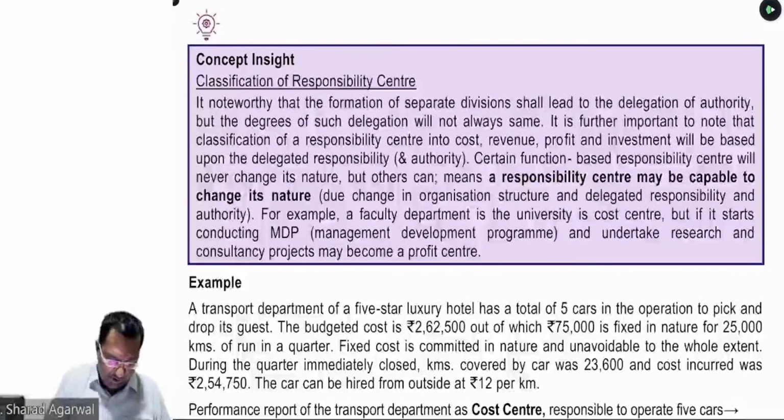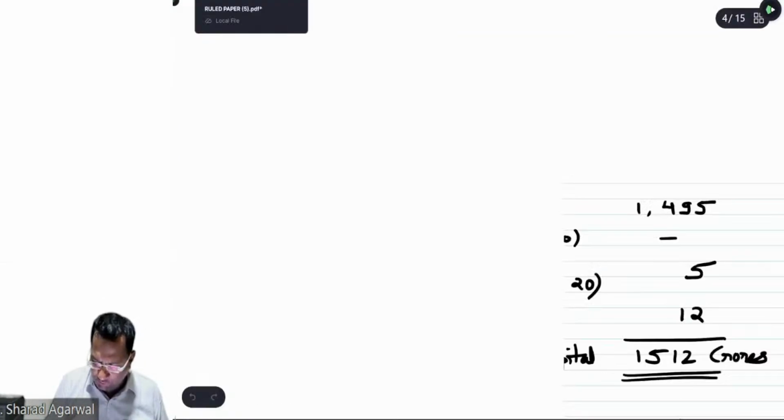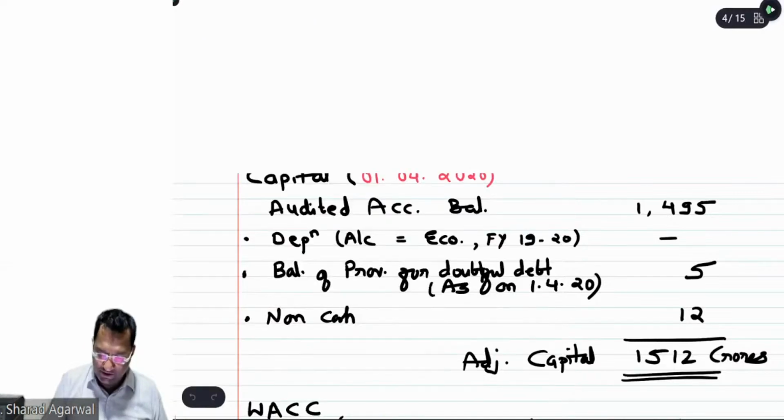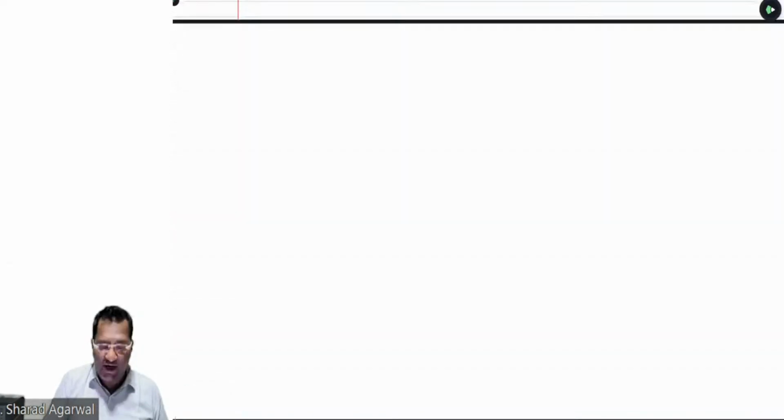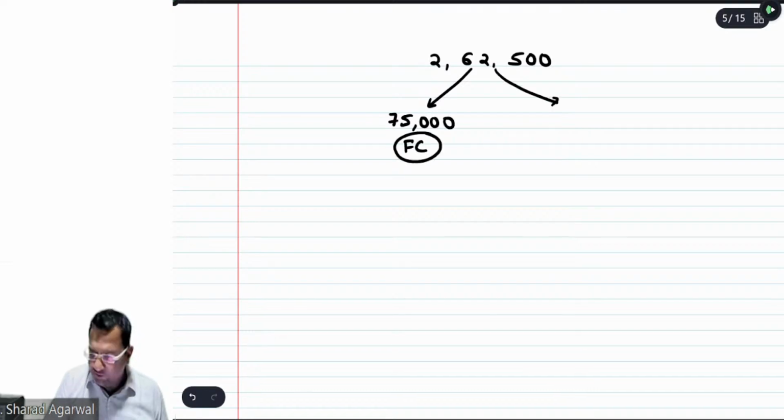तो देखिए क्या कैलकुलेशन होगा बेटा इसका। 2,62,500 is the total budgeted amount for 25,000 kilometers. इसमें से 75,000 मेरा फिक्स कॉस्ट है, and the remaining is variable cost.